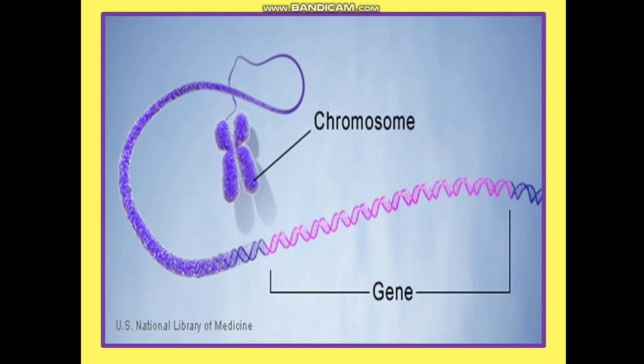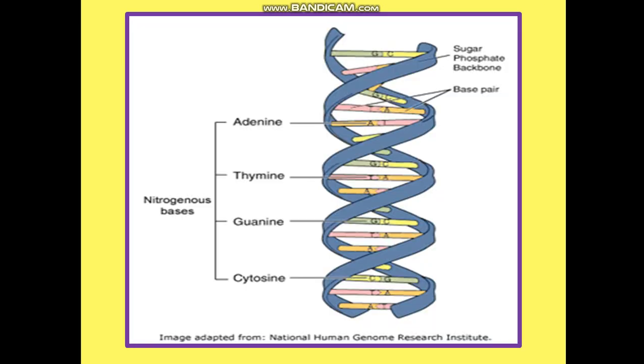Some nucleotides together constitute a gene. See, this is a gene from here till this point. So gene is a particular portion in the whole chromosome. There can be many genes present. Sequence of nucleotides. Clear?